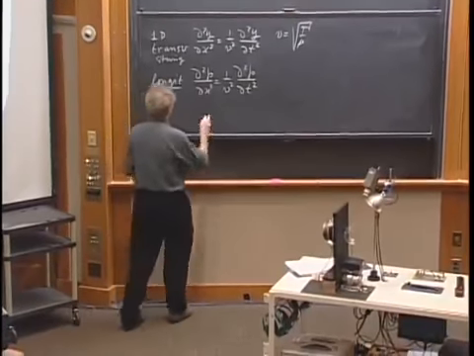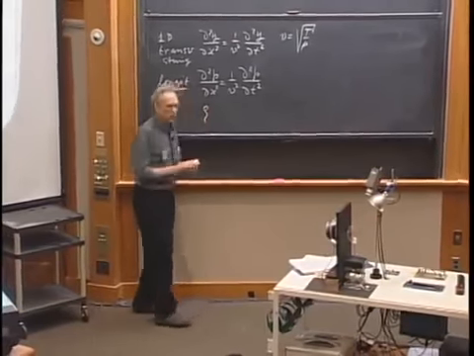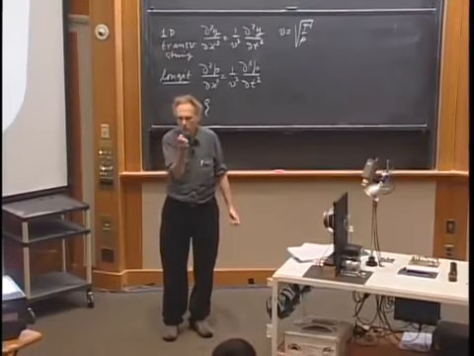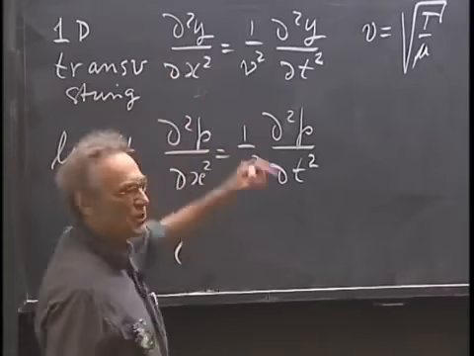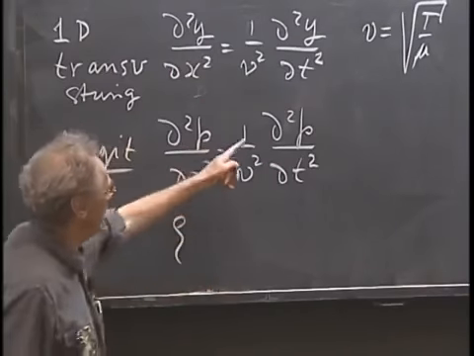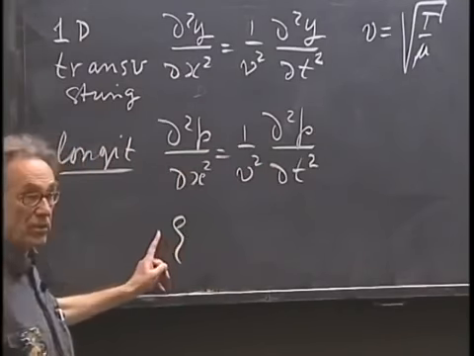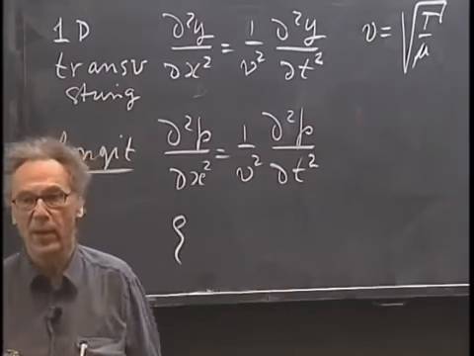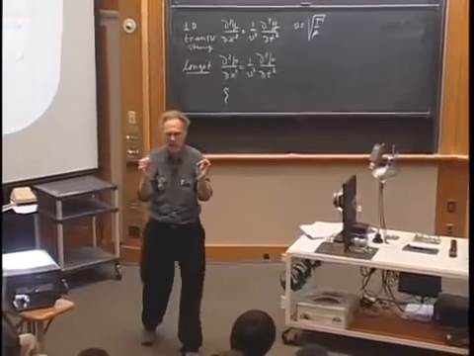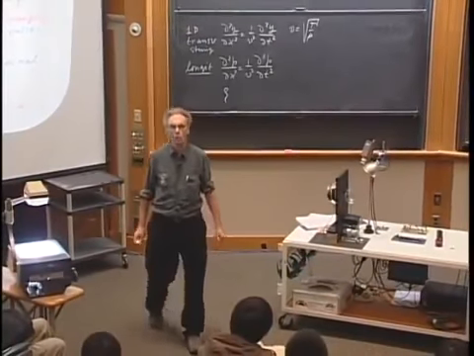If you prefer not to work in pressure, but in terms of the actual position of the air molecules, in analogy with the position of the string, then you can write down the same equation in terms of psi, so d2psi/dx squared equals 1 over v squared d2psi/dt squared. That then gives you the position, the actual motion of the air molecules.